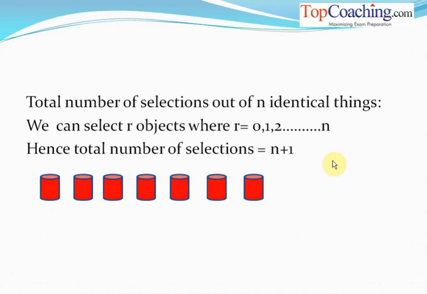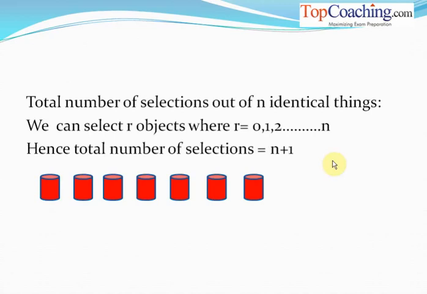This is quite different from the previous case, where we discussed the number of selections of exactly k things out of n identical things. Here we are trying to find the total number of selections, and we can select r objects where r equals 0, 1, 2 up to n. So the total number of cases becomes n plus 1.